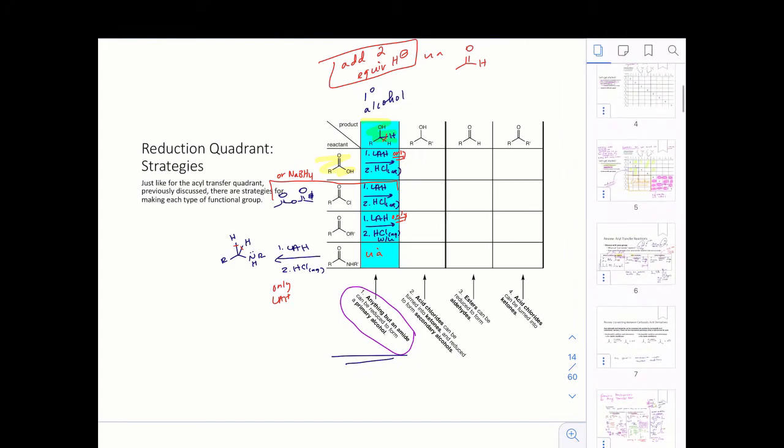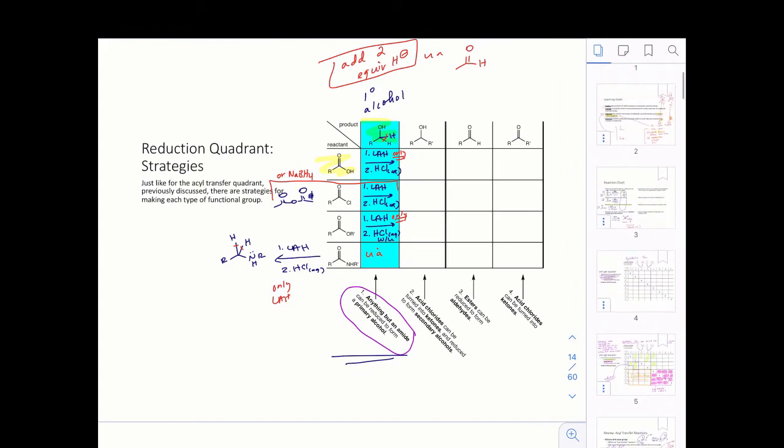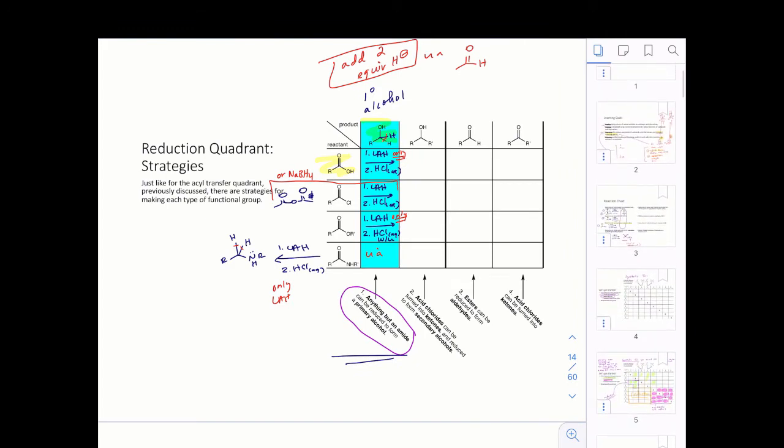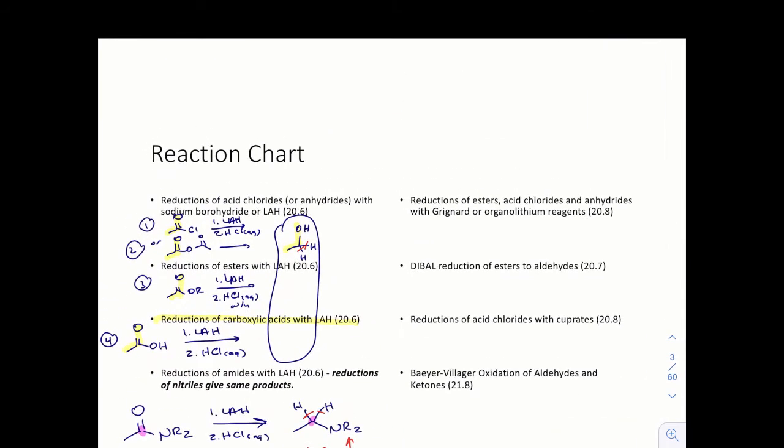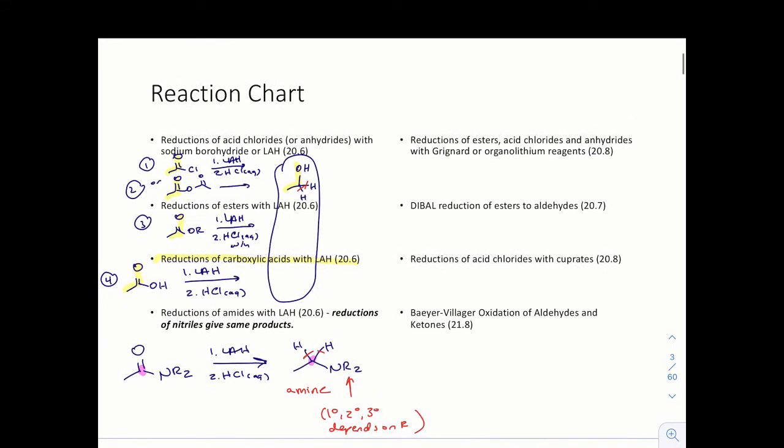Right, now that we've added those notes to the grid, we're going to discuss this relative reactivity more in a minute, so if you're not really sure what I'm talking about quite yet, you'll have another chance to think about it and add those notes to the grid. And you will notice something here. It says reductions of acid chlorides or anhydrides with sodium borohydride or LAH. Reductions of esters with LAH, so only LAH.